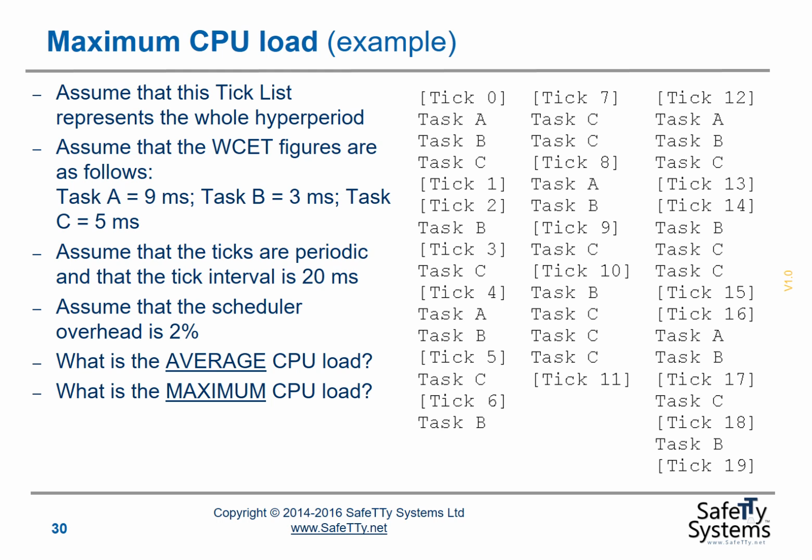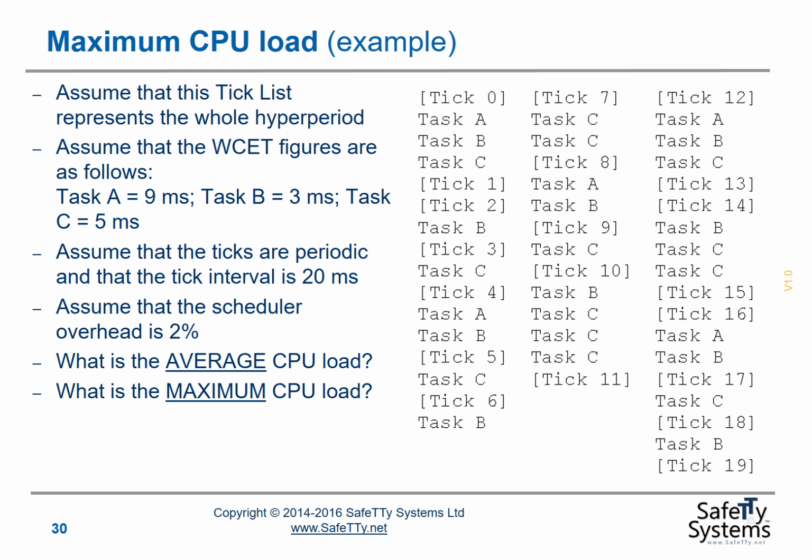So, in this case, the maximum CPU load is given in tick 10. In tick 10, we sum up the total: the worst case execution time of task B is 3 milliseconds. Worst case execution time of task C is 5 milliseconds. We sum up all of the task executions in tick 10 and we find we get to 18 milliseconds.